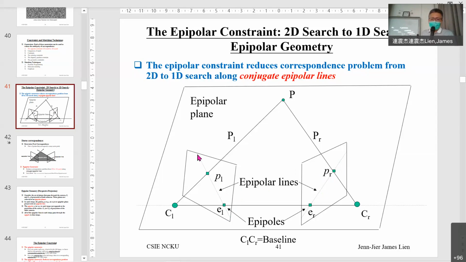In the left side there is an epipolar line, and there will be a corresponding epipolar line on the right-hand side. I say again, any 3D point you project on the left side gives an image point. If you connect it to the epipole, that line is called the epipolar line.